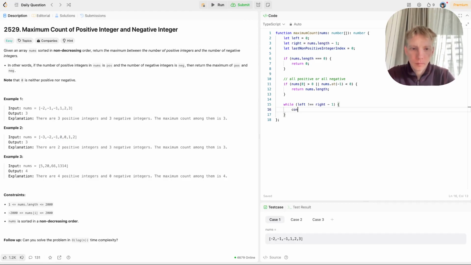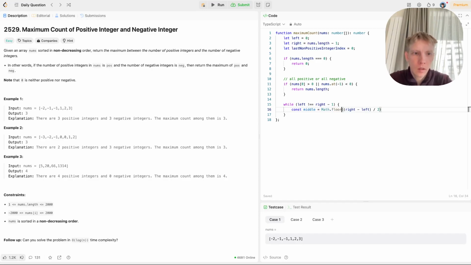So middle would be left plus right minus left divided by 2, floor.